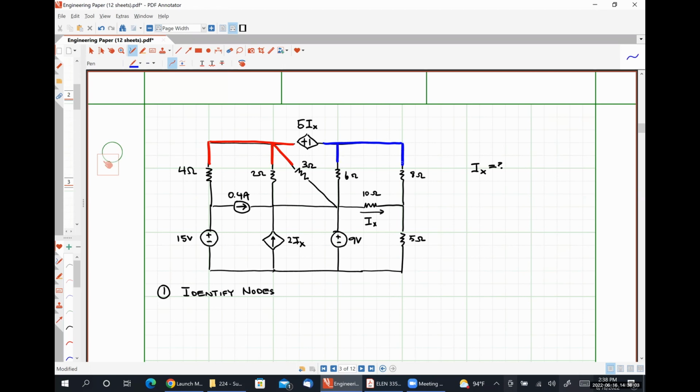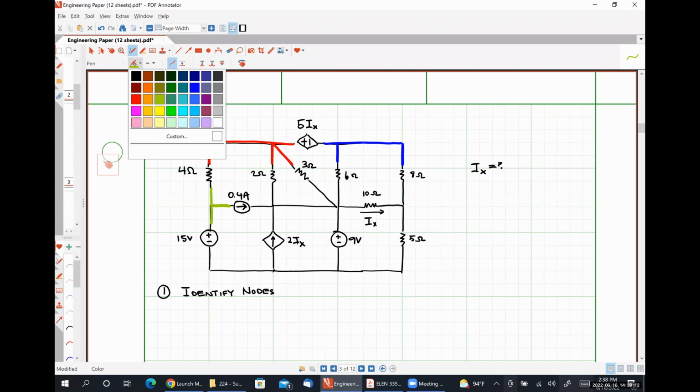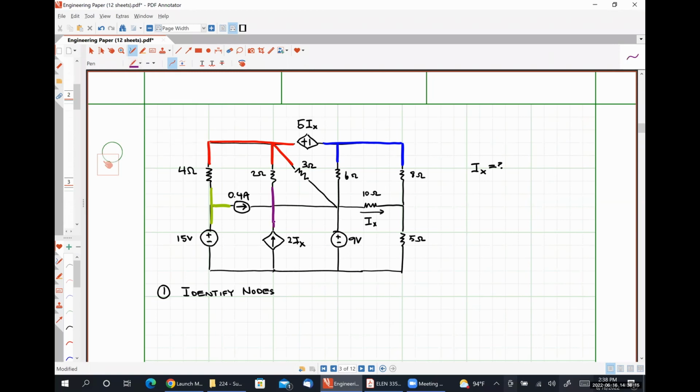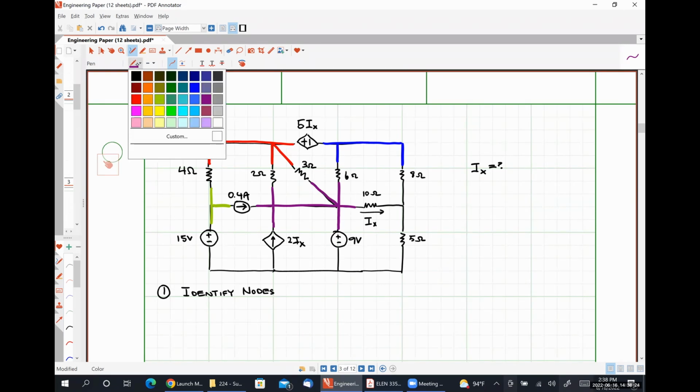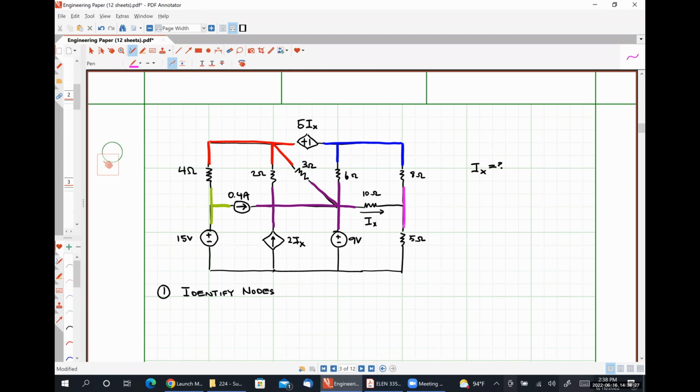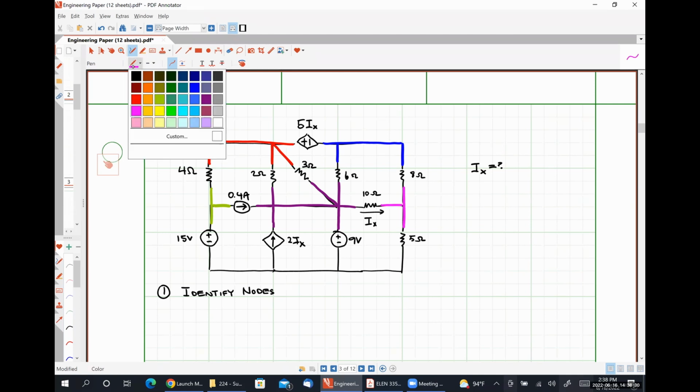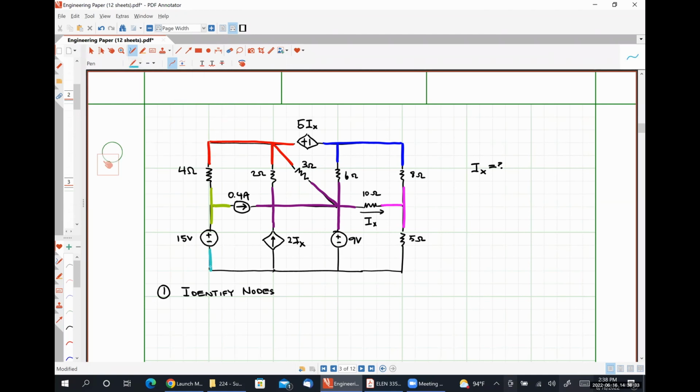This node on the top right. This node on the middle left. This node in the middle. This node on the middle right. And this node on the bottom. Okay.